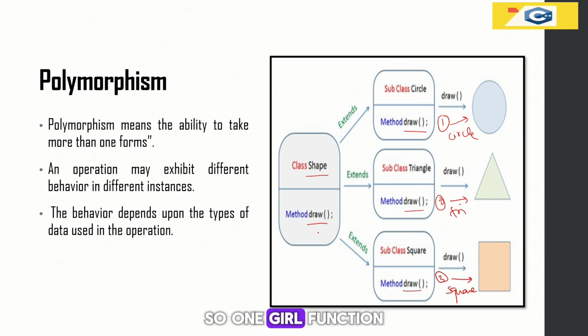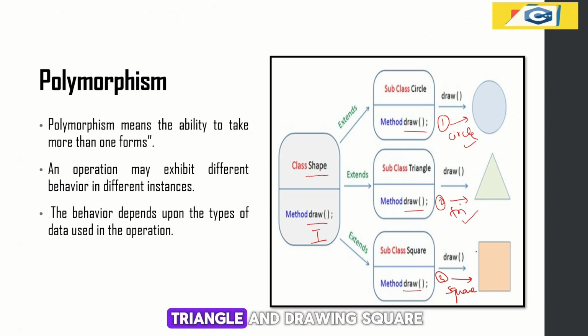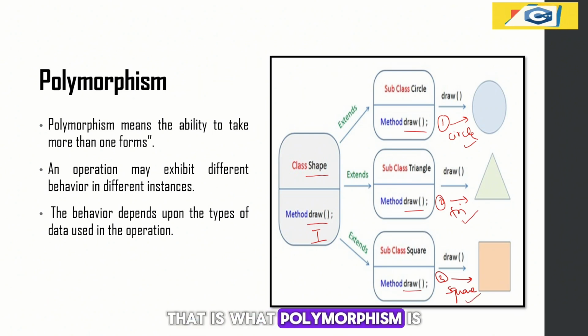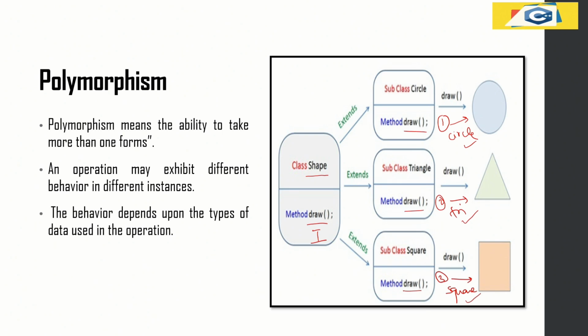So one draw function is taking how many forms? Three forms: for drawing a circle, for drawing a triangle, and for drawing a square. That is what polymorphism is. Polymorphism is the ability to take more than one form, and it will exhibit different behavior, right?